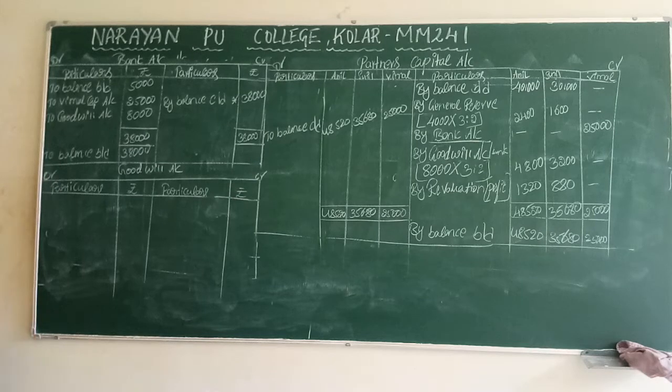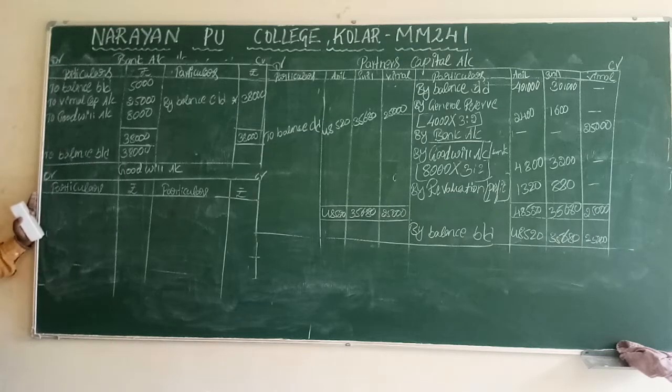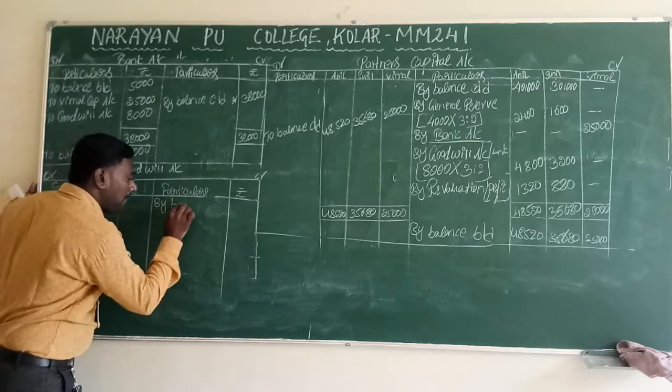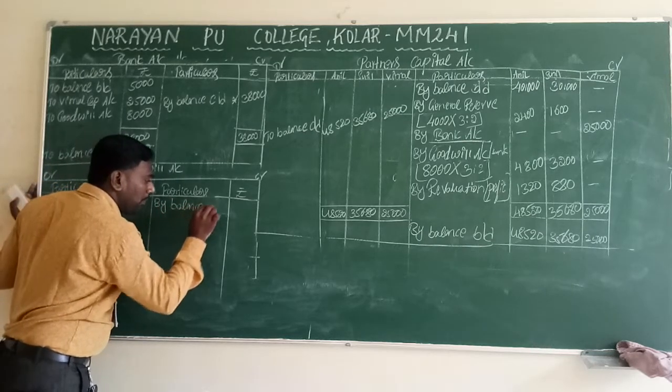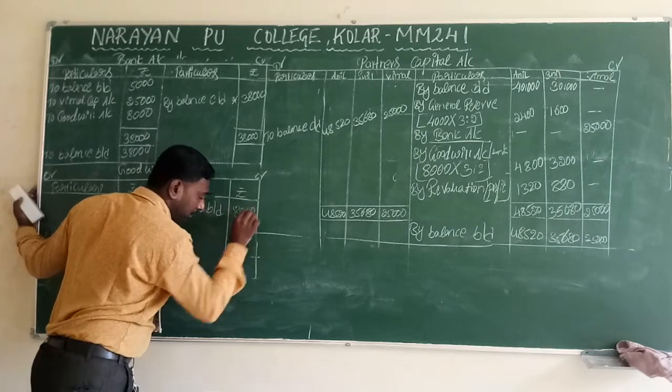Here goodwill always begins on the credit side only, because it is not available in the previous balance sheet. It comes in the adjustments only. So we should directly record it on the credit side by balance brought down. The value of goodwill is 8,000.